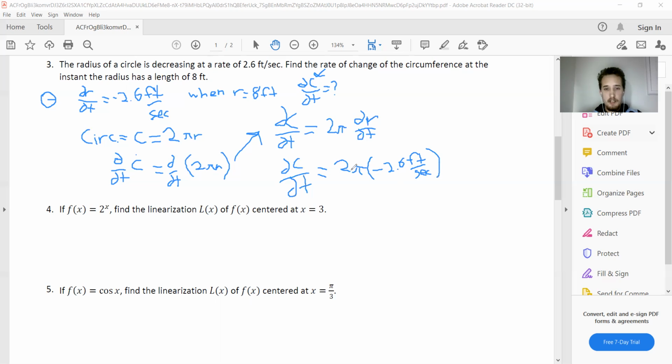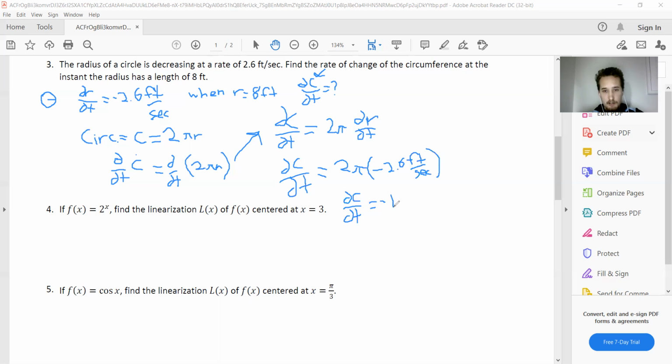Okay, and then from there, you just multiply them all together. 2.6 times 2 is 5.2. And then if you multiply that by pi, you can either have it as negative 5.2 pi, or calculate it out.